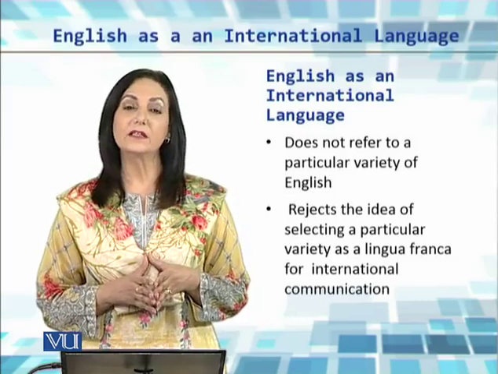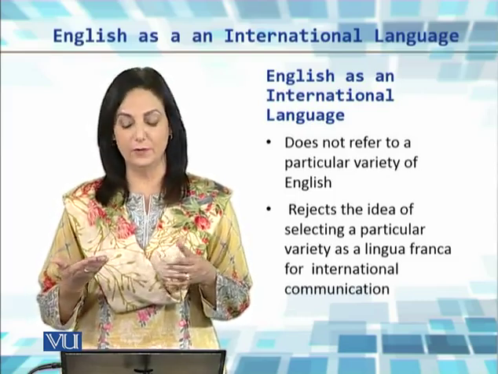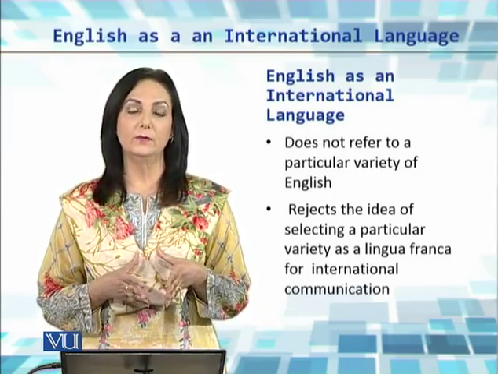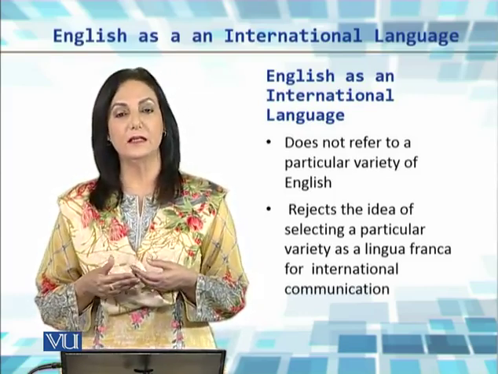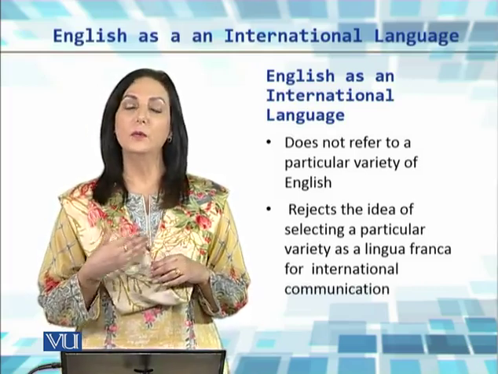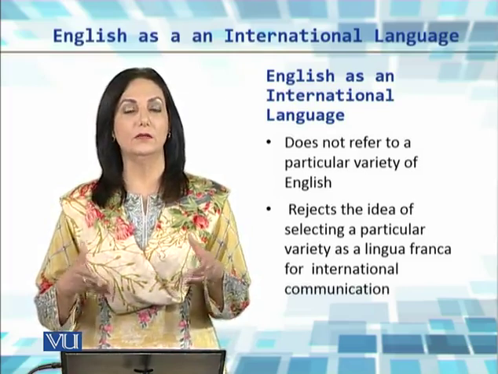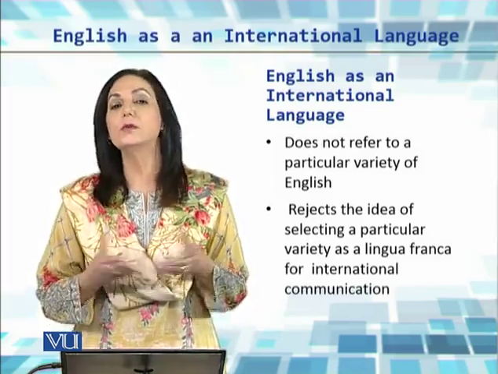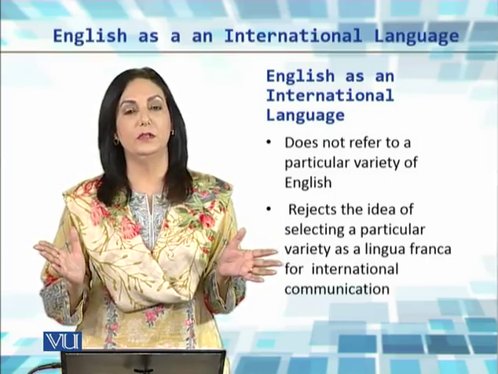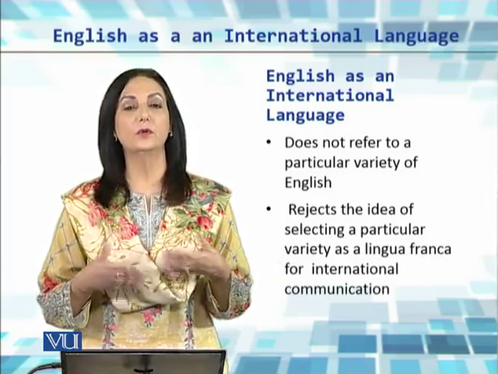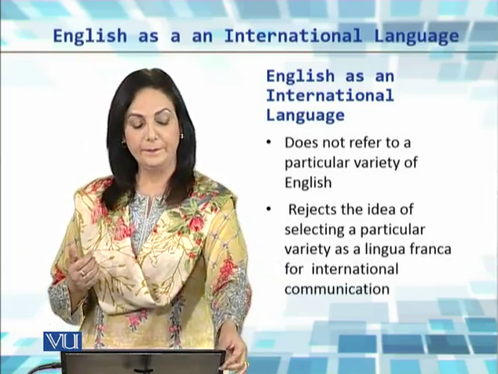It completely rejects the idea of selecting a particular variety for the purpose of international communication, or selecting a particular variety as a lingua franca. So it does not value one variety over the other at all. If a lingua franca is needed, you can use any variety at your disposal. A particular variety is not favored over others for use as a lingua franca.